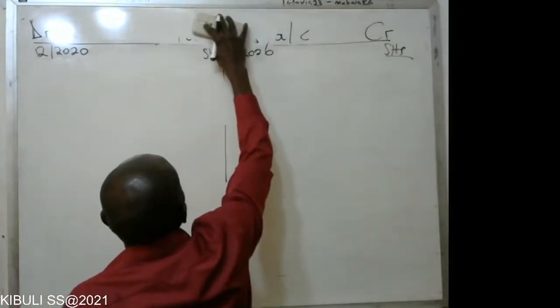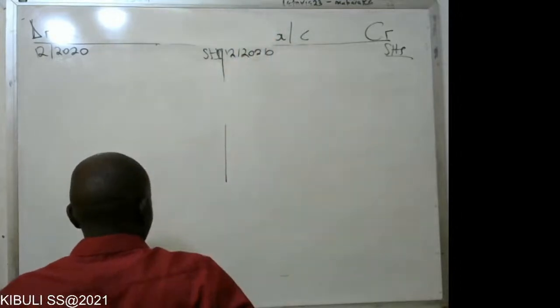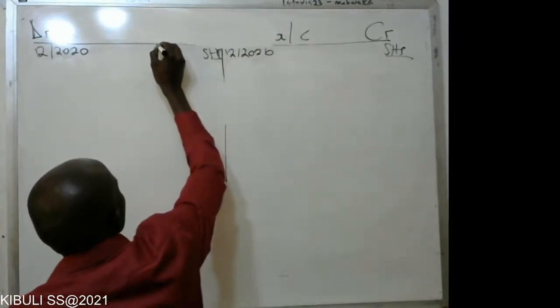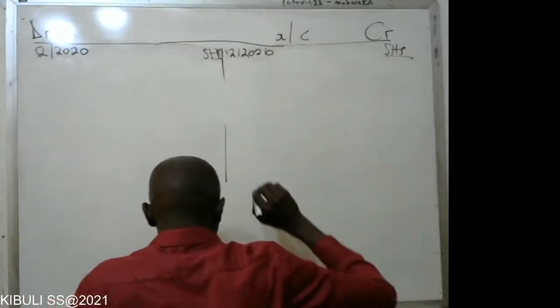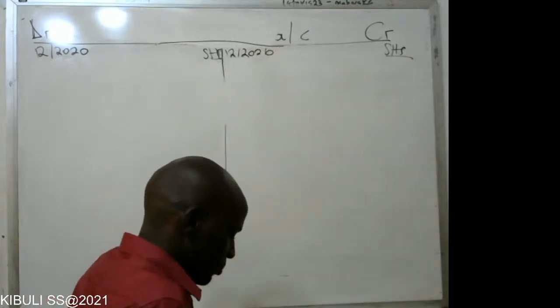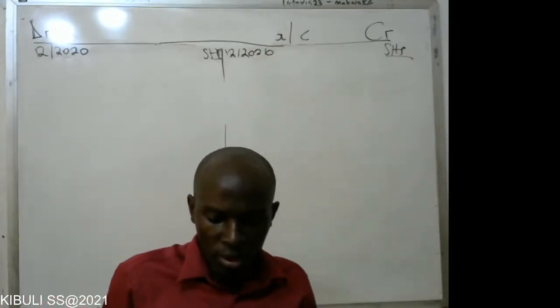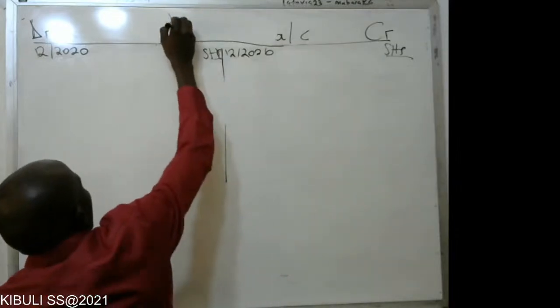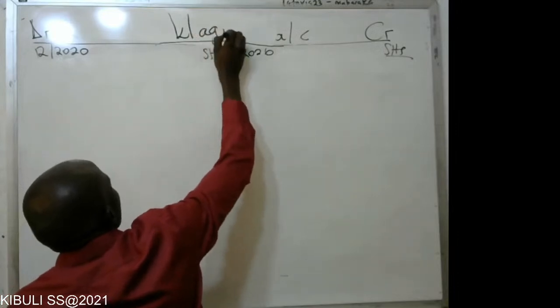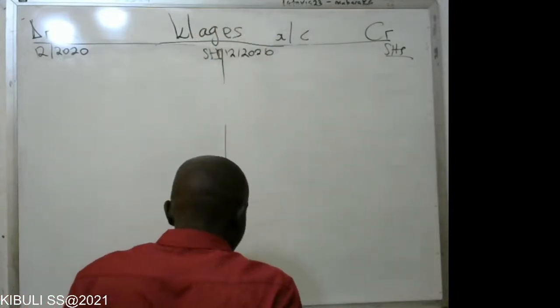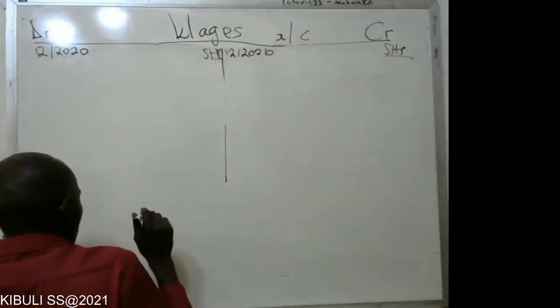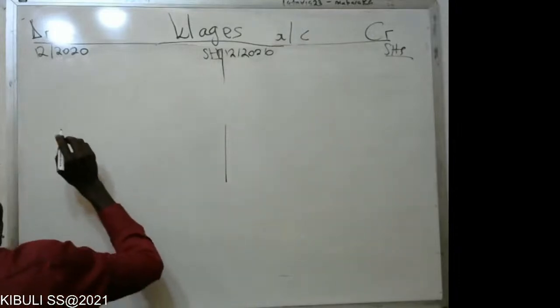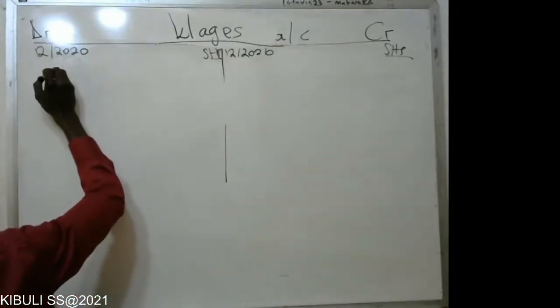Okay, who can identify for us the next ledger account? What's the next ledger account we are going to draw? Okay, thank you. So we are going to draw now the wages account. Paid wages cash, so the cash book, the cash column.